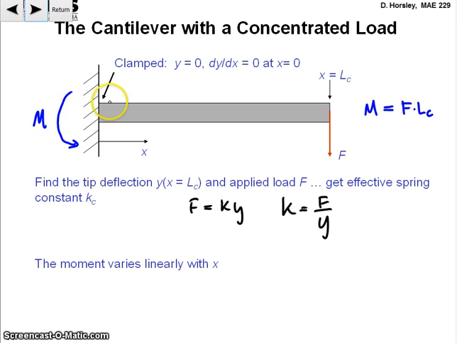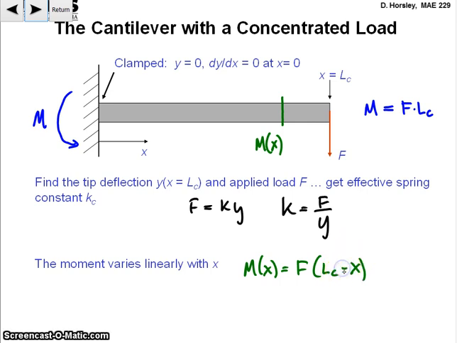If we cut the beam anywhere else, let's say we make a cut over here, we could say this is the moment at some point x. That bending moment is going to be equal to M at x is equal to F times the length of the cantilever minus x.